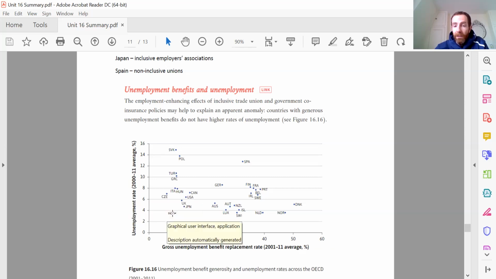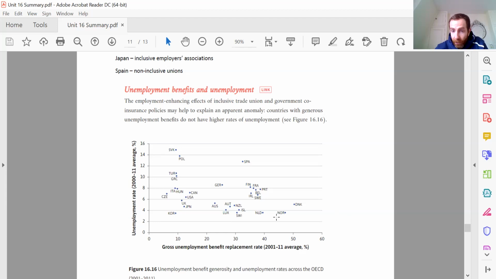And what's really interesting is that countries over here with quite generous unemployment benefits in some cases tend to have quite low unemployment rates, which goes against what you probably expect from some of the models we've looked at, except if you take into account that some of these countries with generous unemployment benefit also have these inclusive unions, inclusive employers associations, and very strong active labor market policies like retraining schemes.